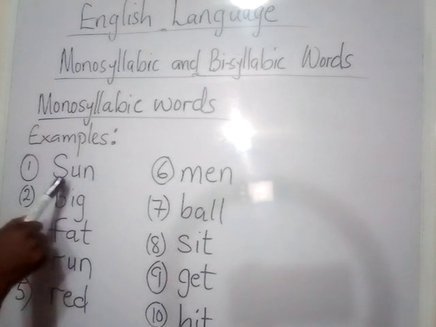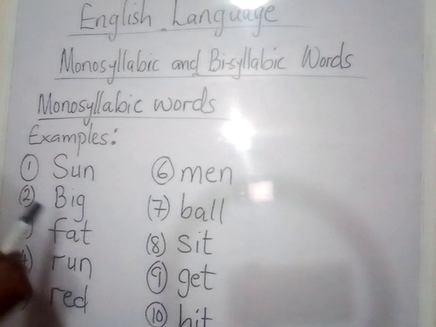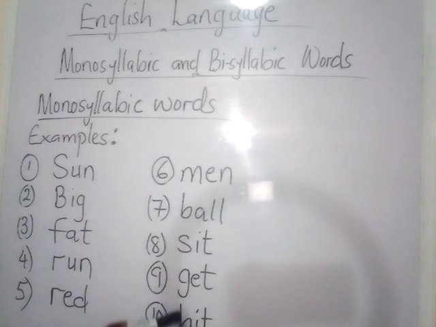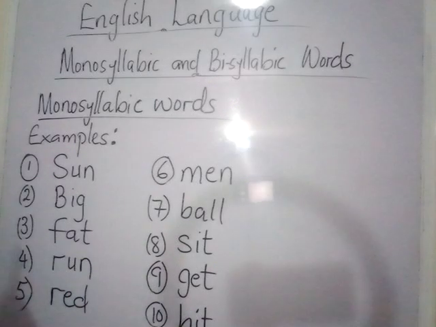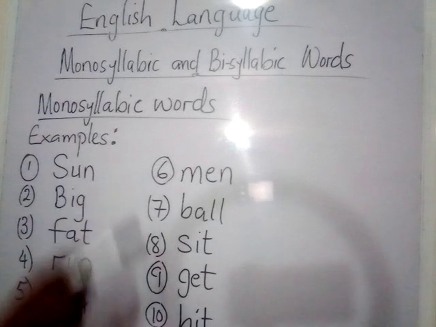You see that it has just one vowel. The next one here is big. The same thing. If you take a close look at all of them, you find out that they have just one vowel. A syllable has one vowel, and when we say monosyllabic, it means one syllable.